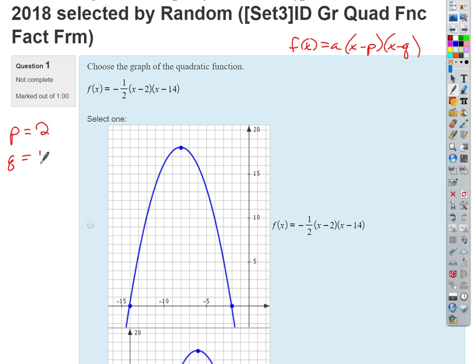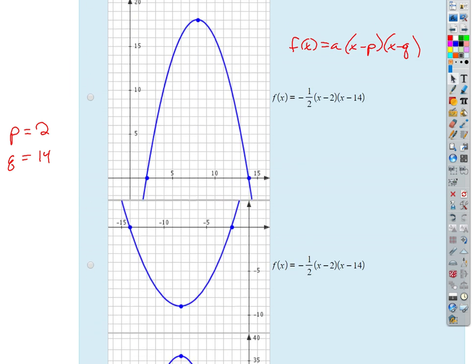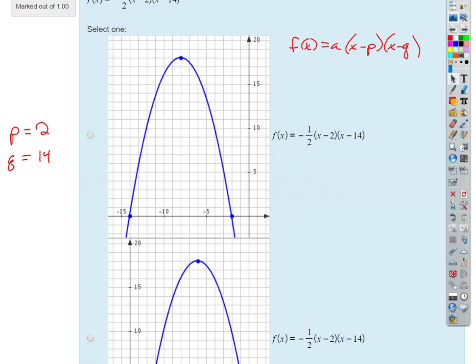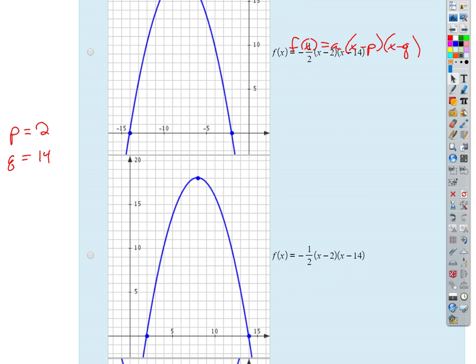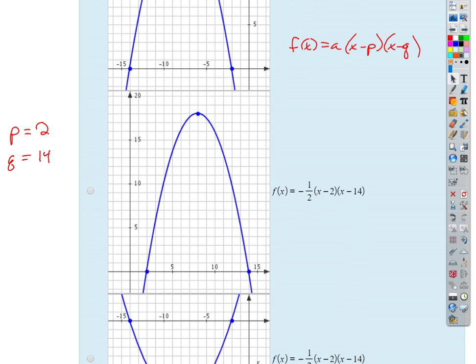So one thing we know is that we're gonna get something like that, right? So the x-intercepts are gonna be at 2 and 14, right? Okay, but we need to know where the vertex is also.